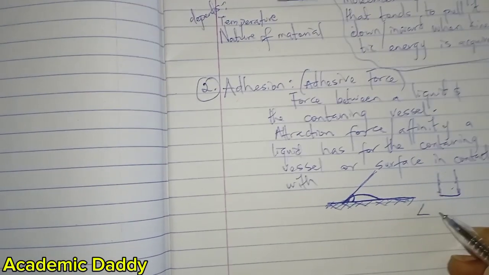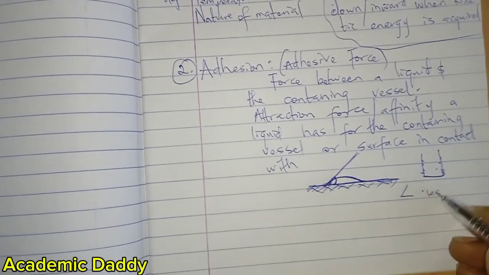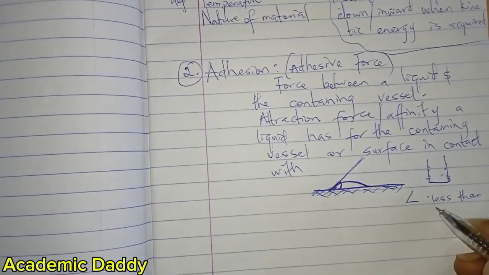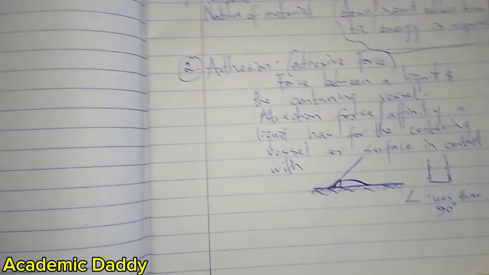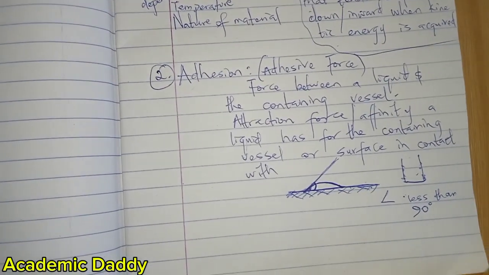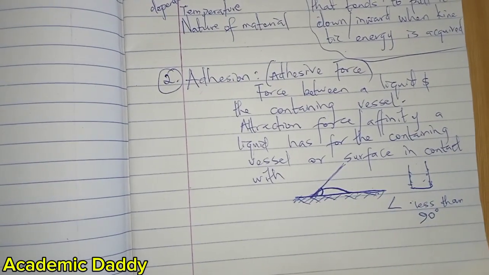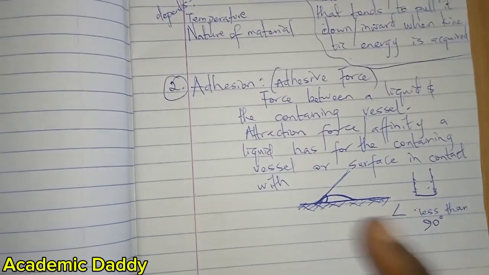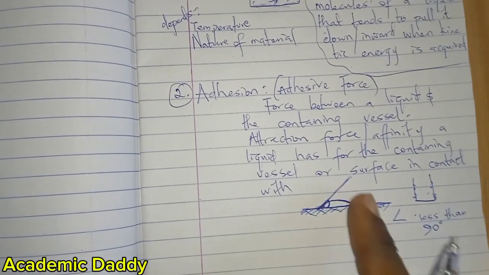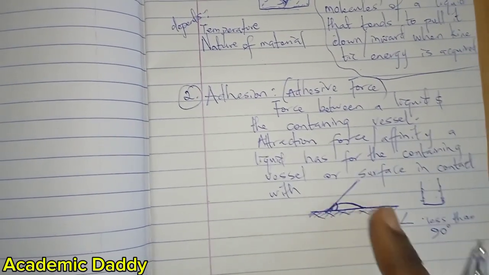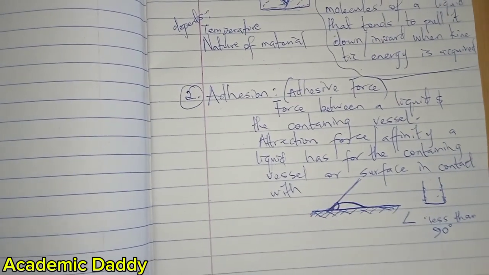So whenever you have an adhesive force acting more on a particular liquid, the angle will be less than 90, and this is the way it will look when dropped on a surface.